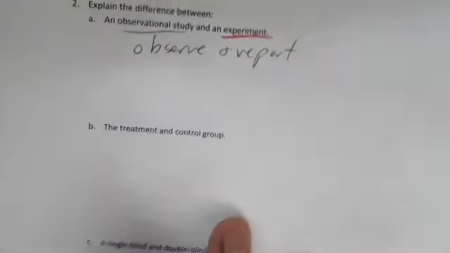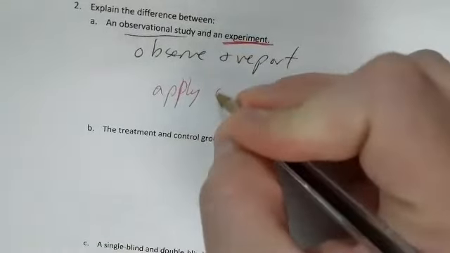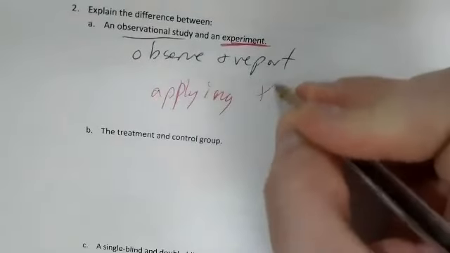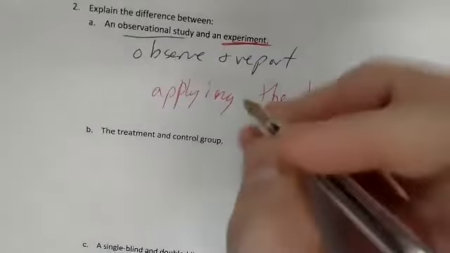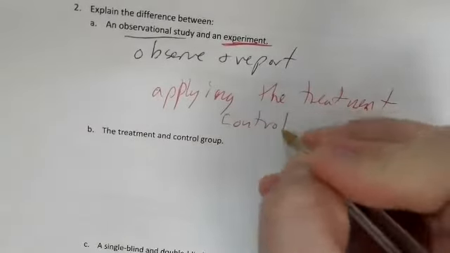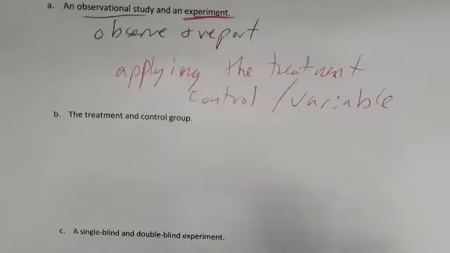So this is where you're creating a setup. You're applying a treatment to some or all members. Or you can just think of it as a control variable scenario.